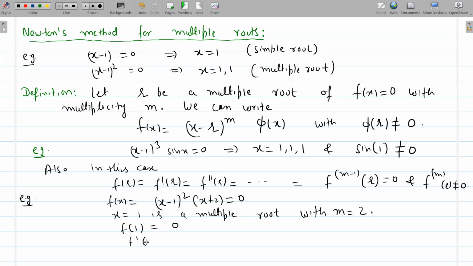Now differentiate it, f dash x. So 2(x minus 1)(x plus 2) by product rule plus (x minus 1) square equals 0. So you can check f dash 1 that is also 0, at x equal to 1. दिख रहा ना? अब डबल रूट है तो सेकंड डेरिवेटिव कंप्यूट करो.